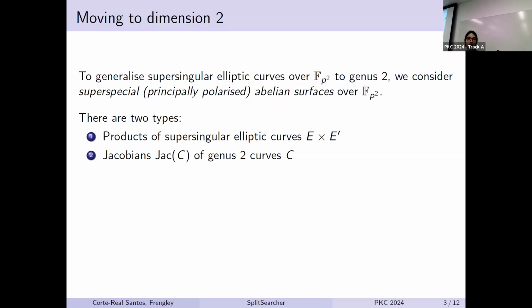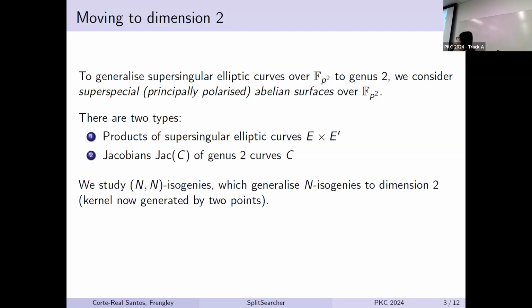If you're considering superspecial abelian surfaces, these elliptic curves are supersingular. So in this case it's really a dimension 1 problem, because it's just dealing with dimension 1 objects. The second type is the non-reducible type, where your surface is equal to the Jacobian of a genus 2 curve.